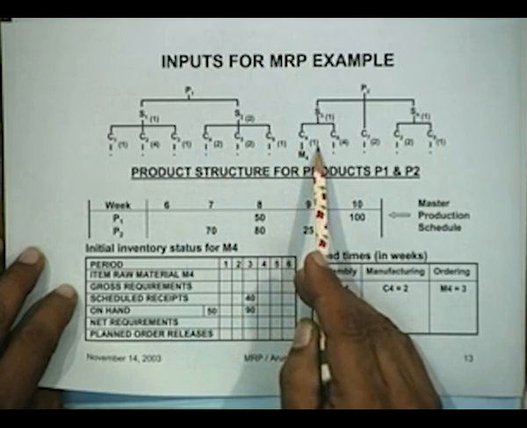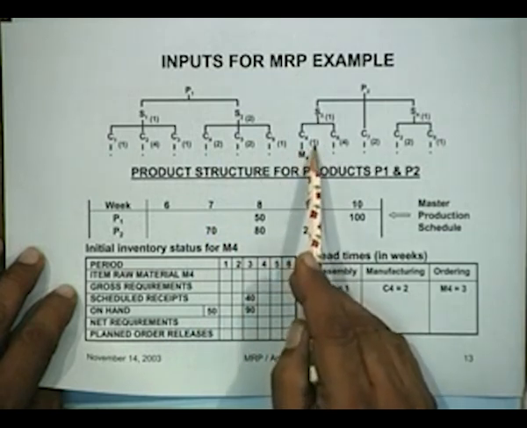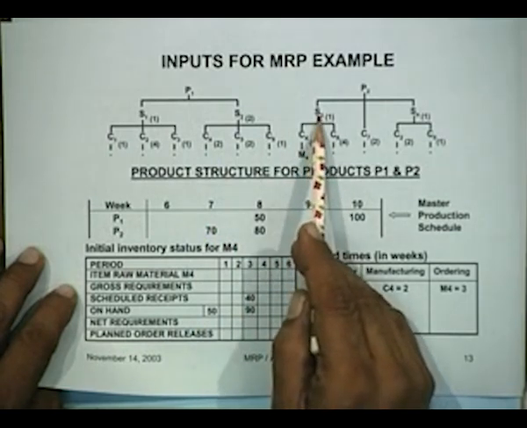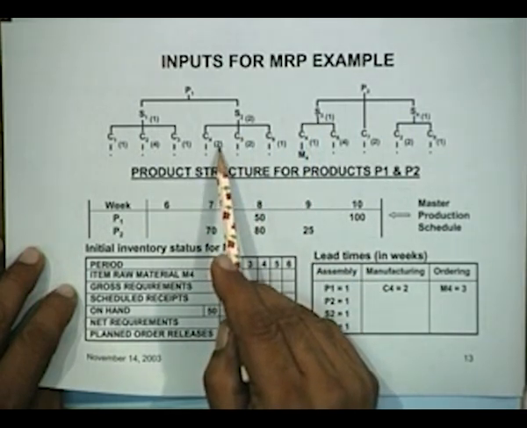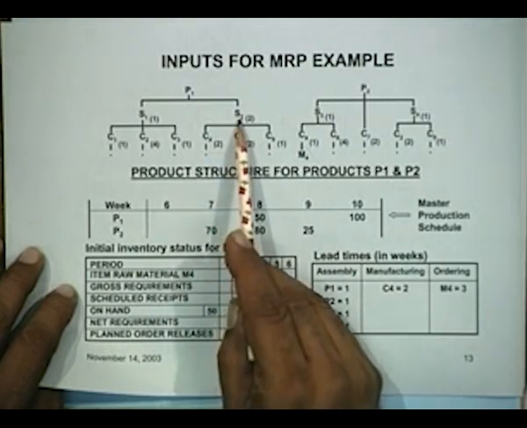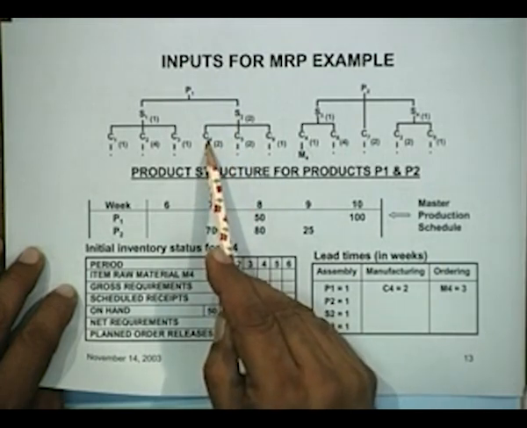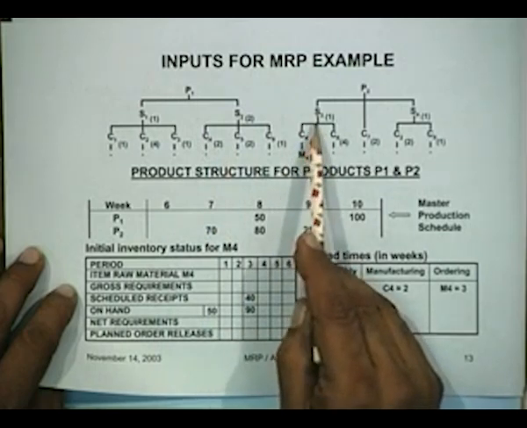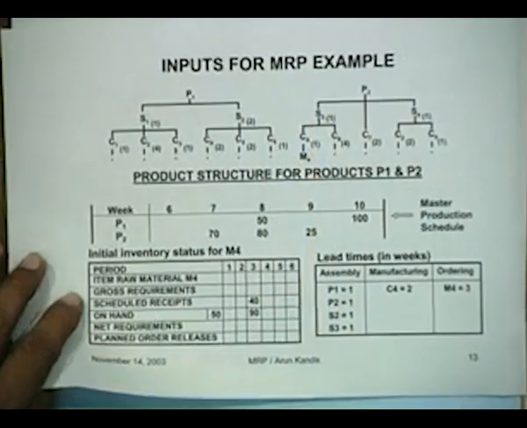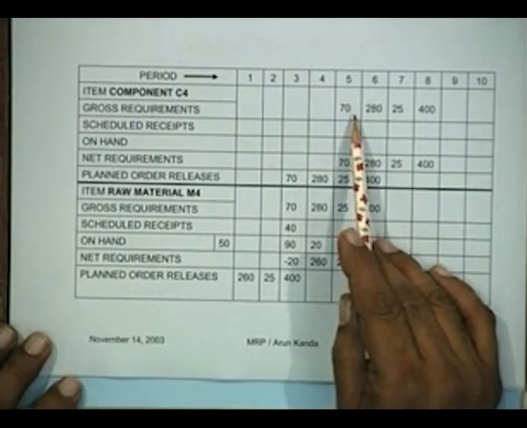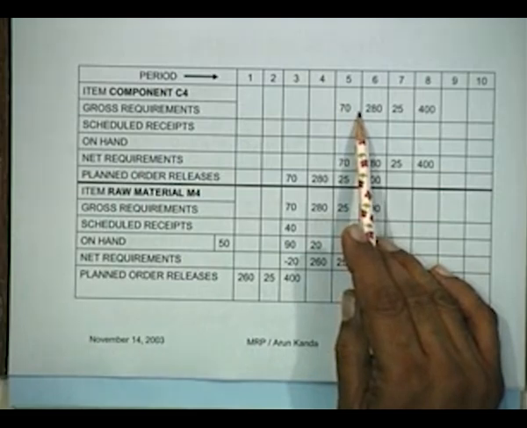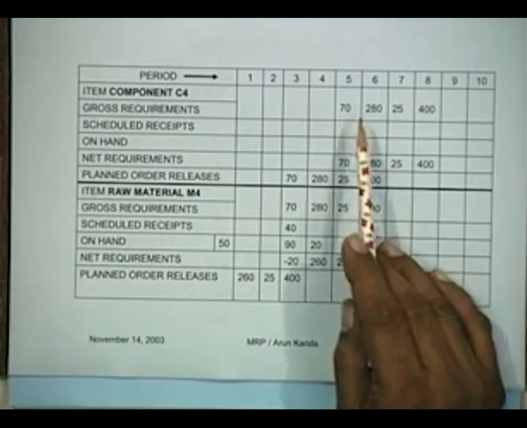But for S3, just 1 unit of C4 is needed in one assembly. So what we will do is, we will multiply by 2 the requirements of S2 to get this particular value, and then simply add this requirement of S3 just once. Okay, this is what will have to be done. So that's precisely what's being done here. So what you find is that when you take the subassembly S2 and S3, let's put it this way.